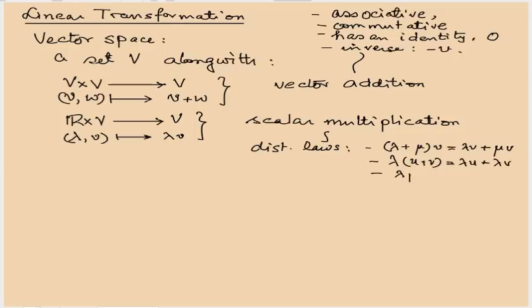The scalar multiplication distributes, and the identity or the unit law. So these are roughly the 9 axioms. 4 for vector addition, 4 for the distributivity laws of the scalar multiplication, and 1 being the unit law. So this is some kind of a structure.